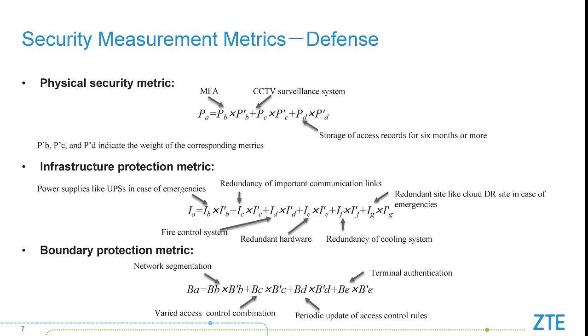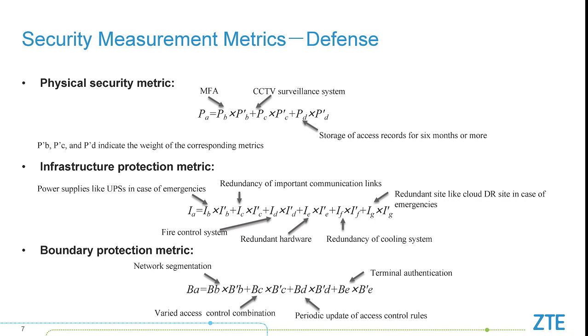The first one is the detailed score, and the second one is its weight. For example, PB and PC stand for whether MFA and CCTV surveillance systems are installed correctly, while PD means whether access records are stored for 6 months or more.